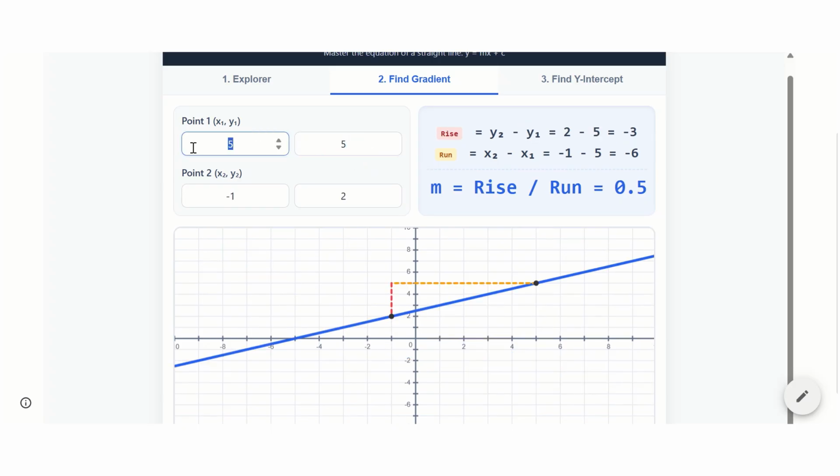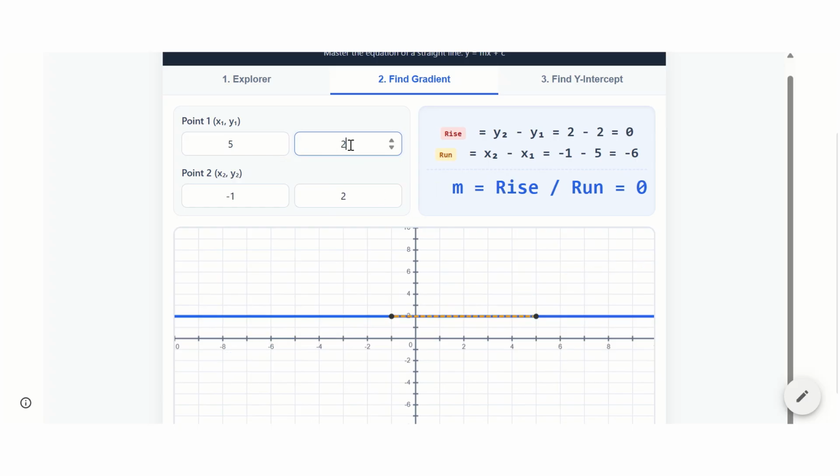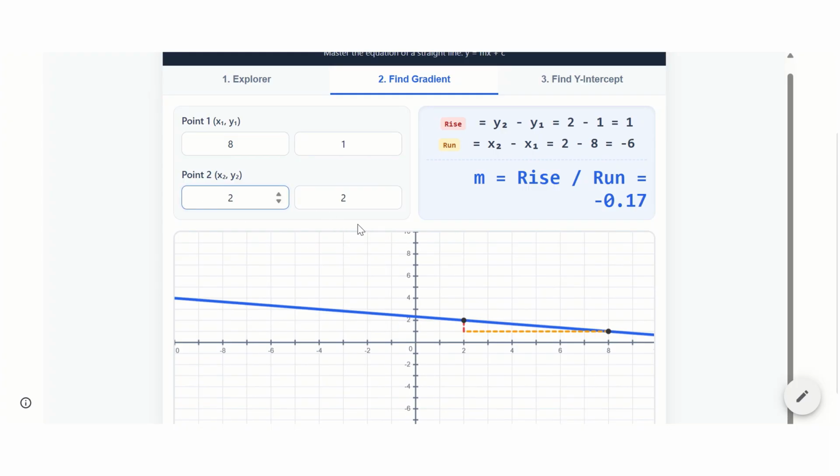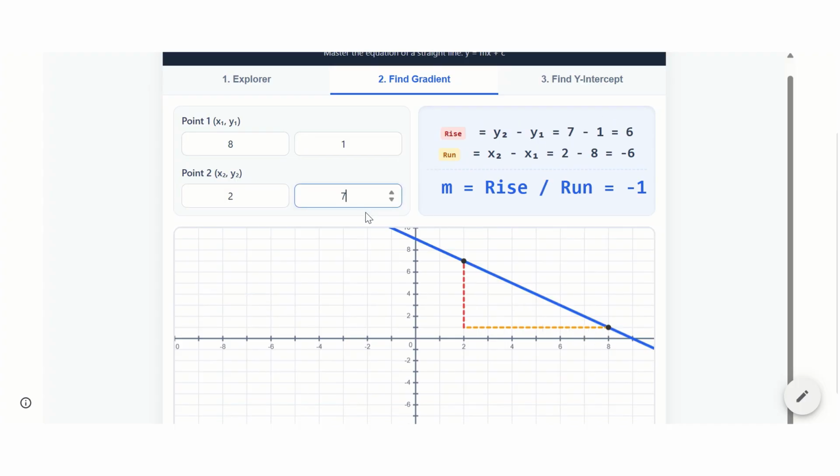Oh, sorry, 5 and 2. Not much difference. I need to show you a greater difference. The horizontal distance will be 1 and 7. Okay, so now we can see it more clearly.